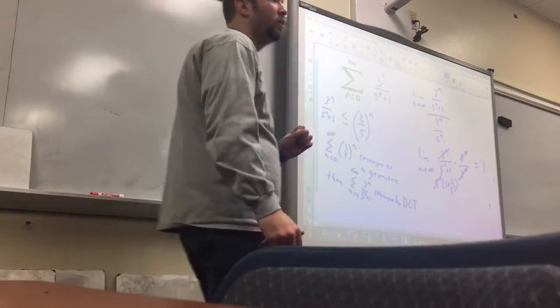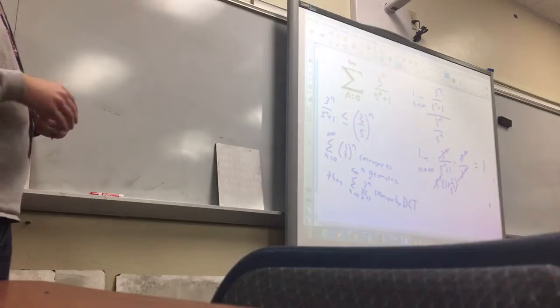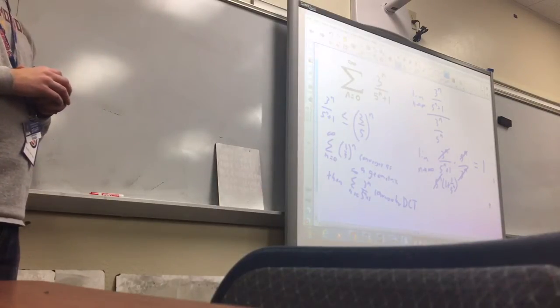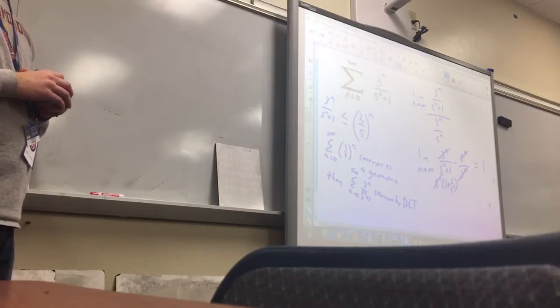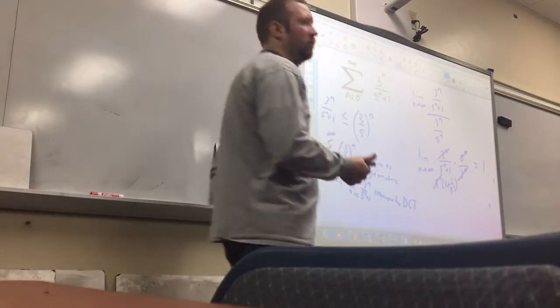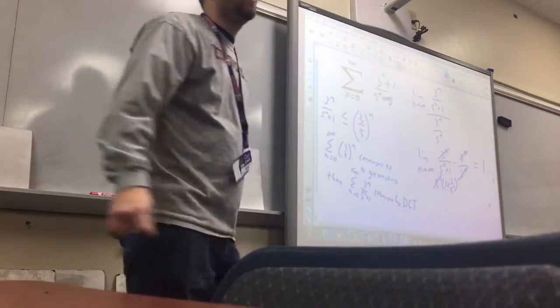Okay? So why is that important? Well, Tanner's idea wouldn't work if I did what to this series? 3n plus 1 over 5 to the n at the end.